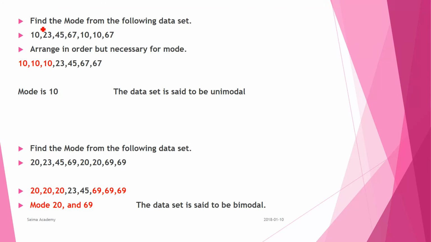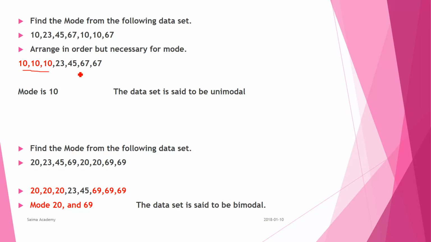Our first question is to find the mode from the following data set. This is our data: 10, 23, 45, 67. Arranging in order is not necessary in the case of mode, though it is necessary in the case of median. But it will be helpful if you write it down in order.